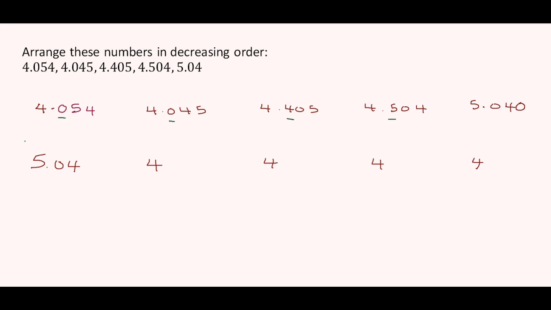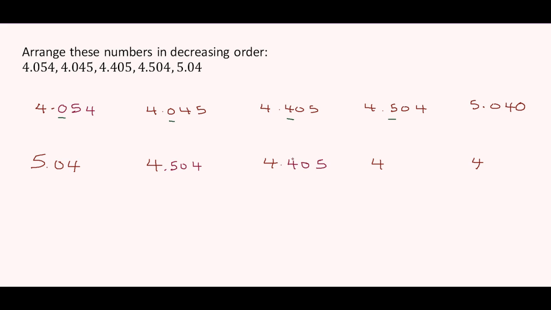Now we're going to compare the first digits. So we're going in decreasing order, so we're going to look for the largest one. So we have 4.0, 4.0, 4.4, 4.5. So we have 4.504. The next one is 4.405.